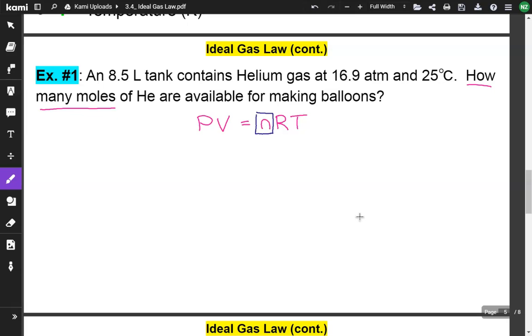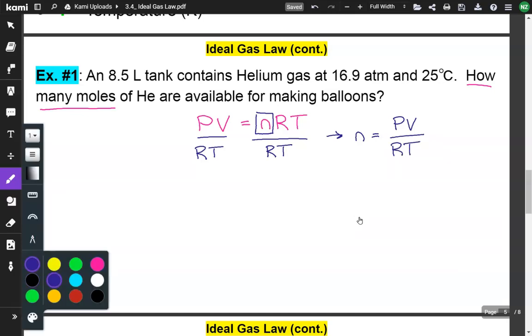So to rearrange this equation to get n by itself, I'm going to divide both sides by RT. Now you could just plug in your numbers and work it that way, but I find it's a lot cleaner to do the algebra first and then plug in your numbers. So if we rearrange this equation, we get n equals PV over RT.